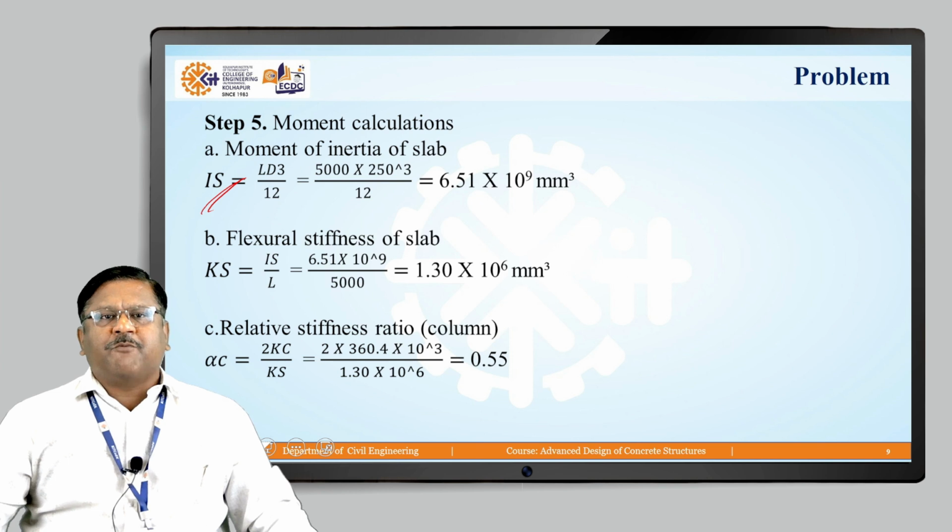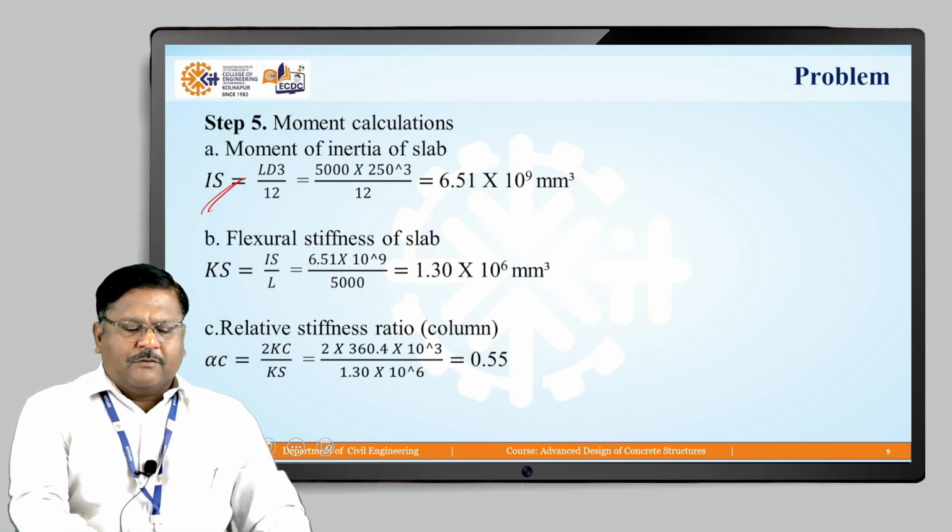We get 6.51 into 10 raised to 9 mm cube. Then flexural stiffness of the slab, that is Ks, is Is upon length. So 6.51 into 10 raised to 9 divided by 5000, we get 1.30 into 10 raised to 6 mm cube.